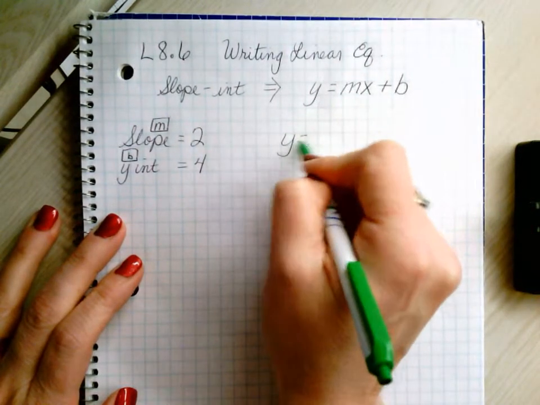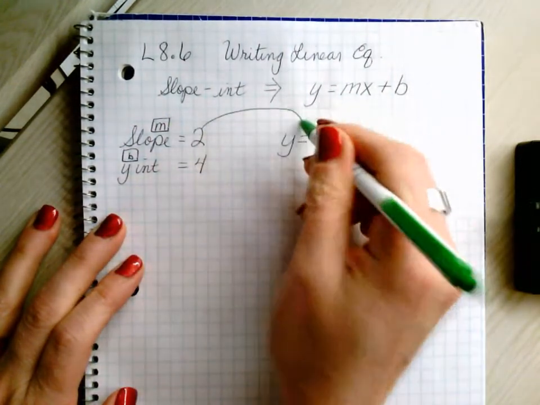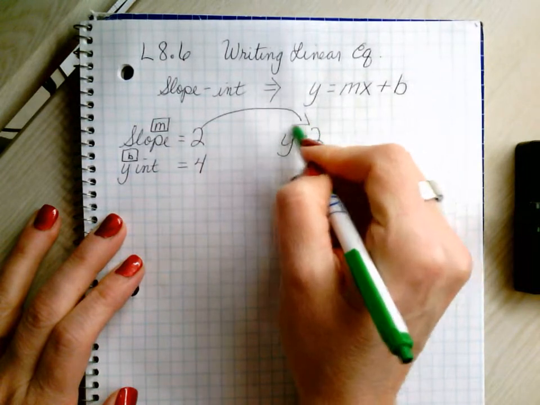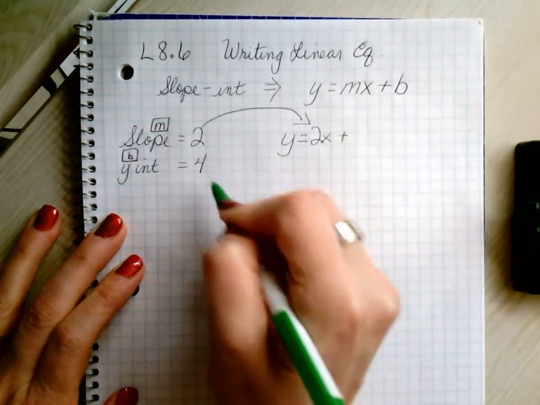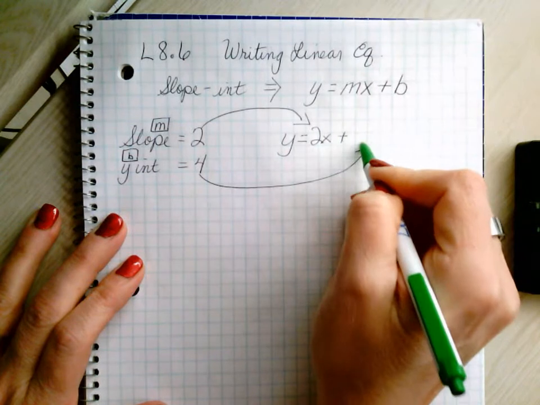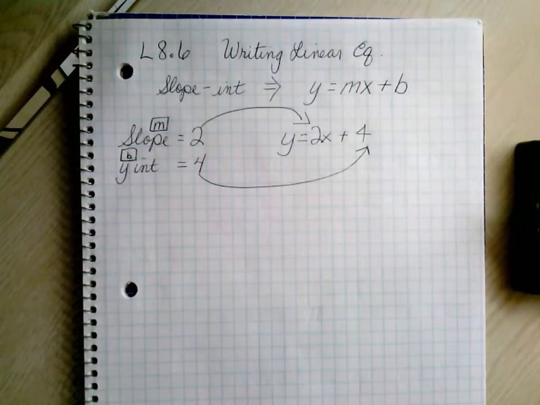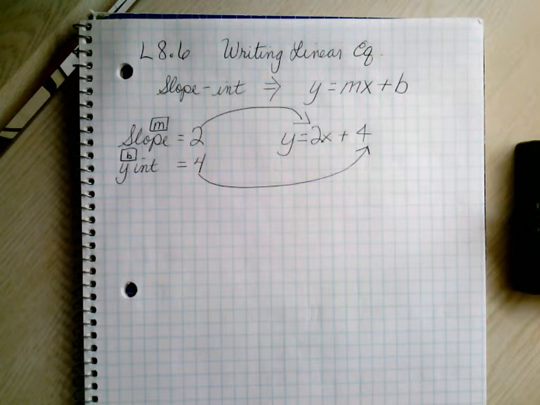So y equals 2x plus, since it's positive, it stays a plus, 4. When you're given a slope and a y-intercept, it's really easy to just plug it in. Slope goes in the m, y-intercept goes in the b. And that's what example 1 is, my friends.